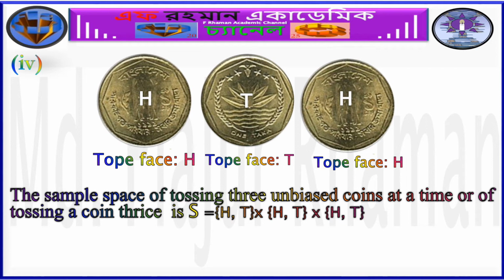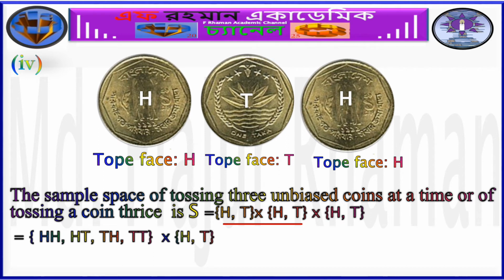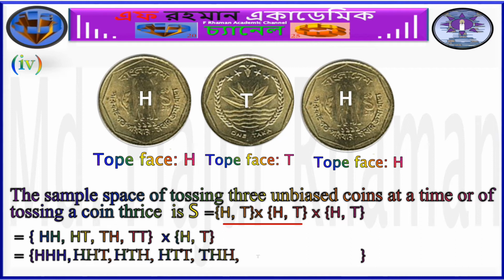We have already written the sample space of {H, T} cross {H, T} as {HH, HT, TH, TT}, cross {H, T}, equals {HHH, HHT, HTH, HTT, THH, THT, TTH, TTT}.